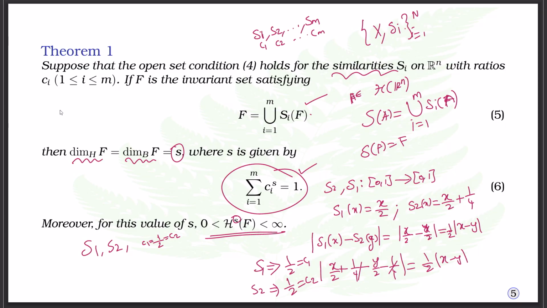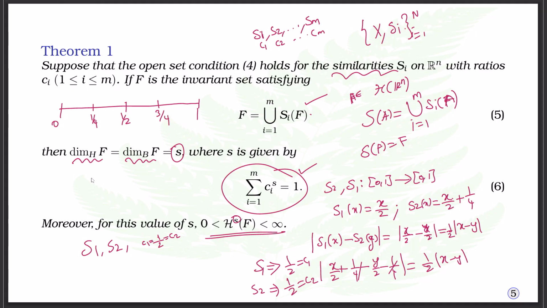If you are taking the closed interval [0, 1] and applying the map S1, it will map the whole interval from 0 to 1 by 2. If you are applying the other map, 0 goes to 1 by 4, and 1 goes to 1 by 2 plus 1 by 4, up to 3 by 4.